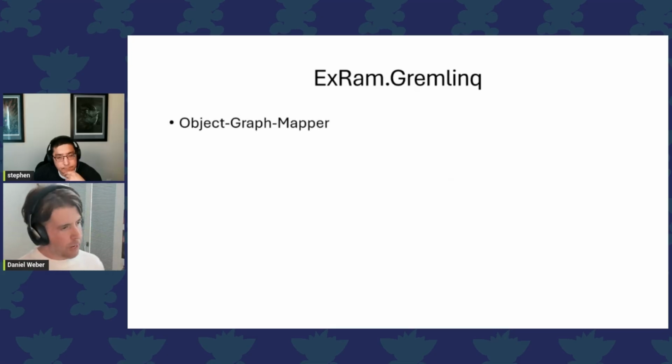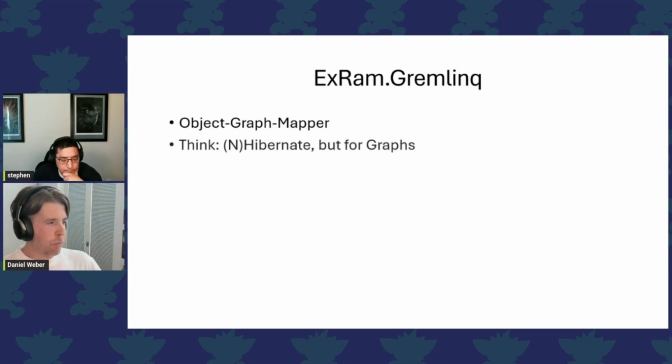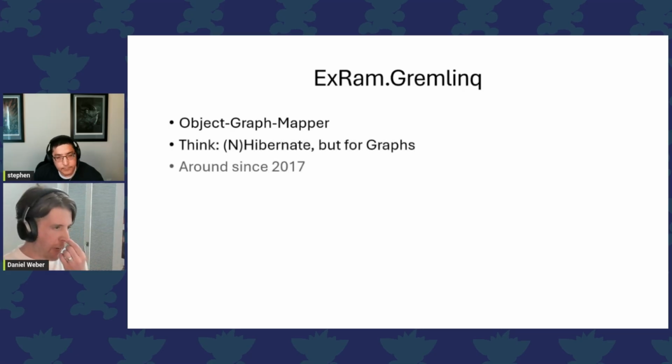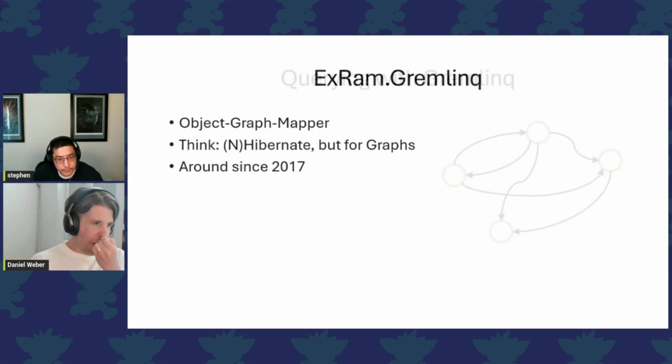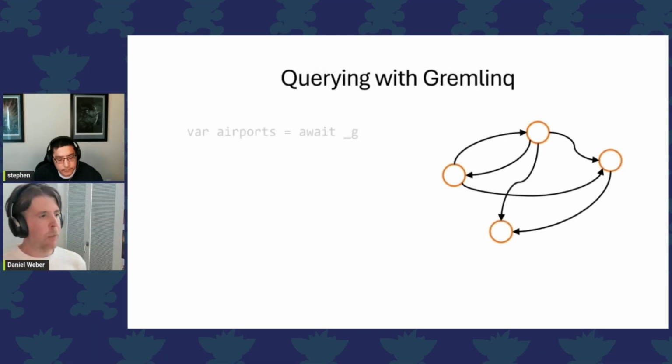What ExRam.Gremlinq does, as I said in the introduction, is it's an object graph mapper. Think NHibernate. I already said that, and it's been around since 2017. The query would look somewhat like this.